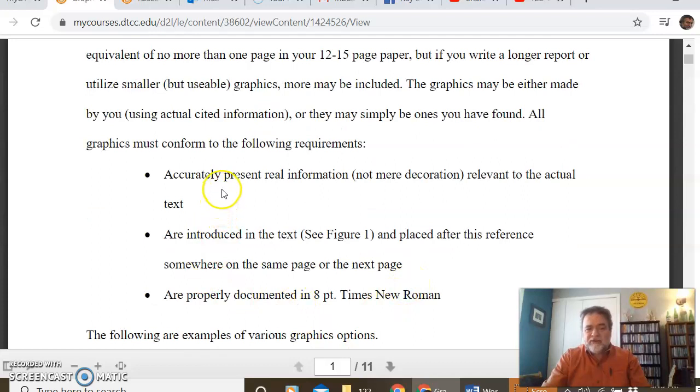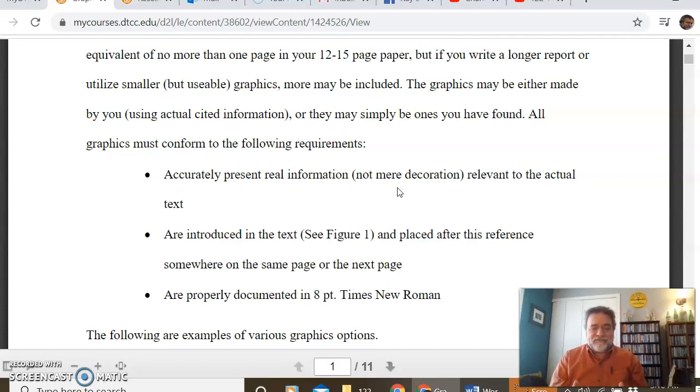They must accurately present real information, not mere decoration, relevant to the actual text. You're writing and have ideas that are being expressed through words. These graphics need to relate to what you've actually written.